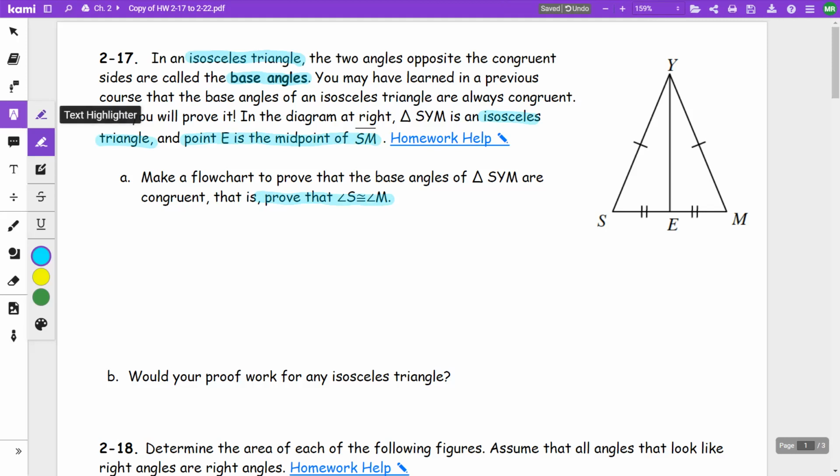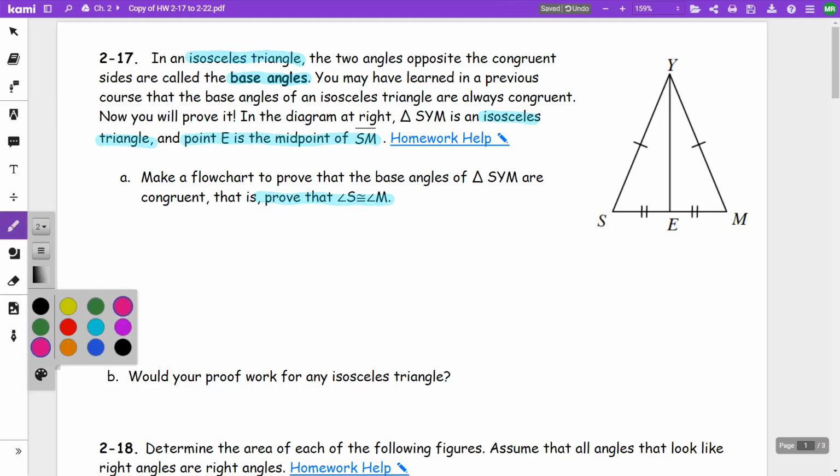So first thing that I notice is that we know that this side here, YS, is congruent to this side here, YM, by definition of isosceles triangle. I also notice that I have this line segment that's in both triangles, so that's going to be congruent to itself.